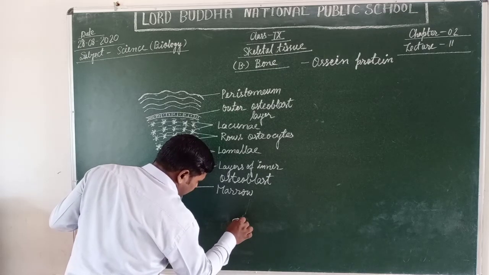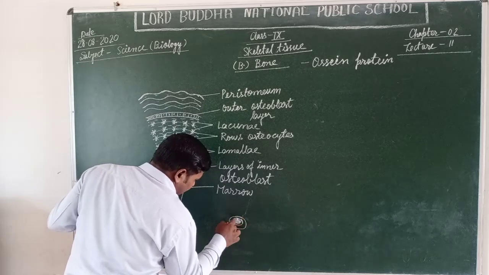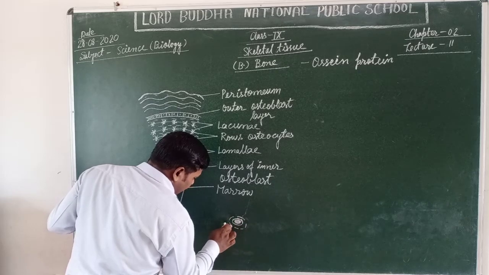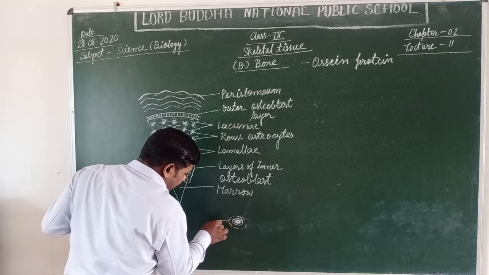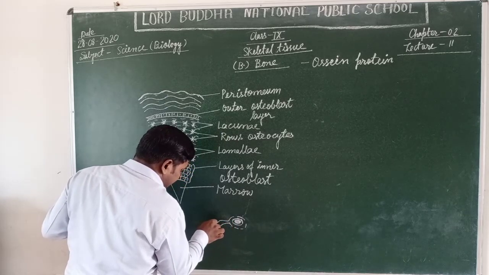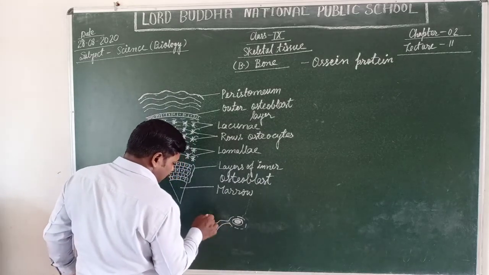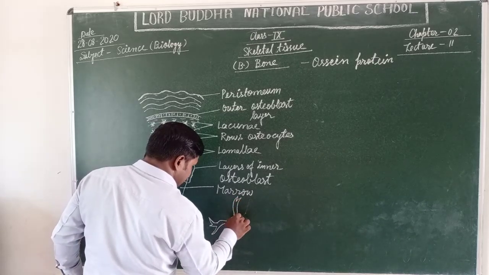A large oval shaped nucleus is present in an osteocyte, and many protoplasmic structures arise from it.